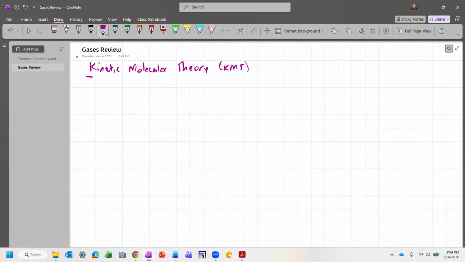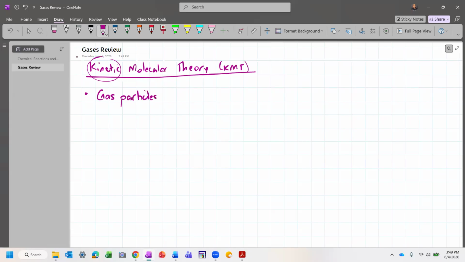So really when you think about what it means, the name kind of tells you what it is referring to. There are different parts to the theory. We're just going to focus in on a couple of these. The first part has to do with the kinetic, right? Kinetic means that things are in motion, and specifically gas particles themselves.